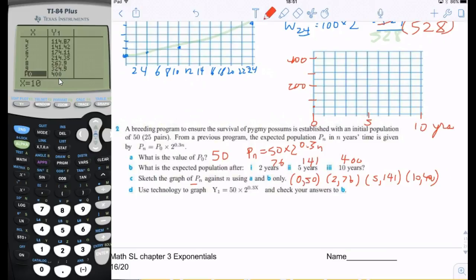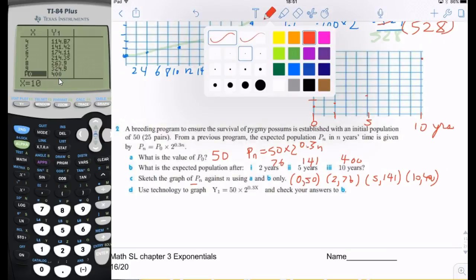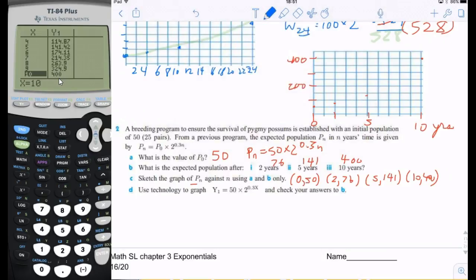In year 2 I have 76, which would be about here. Year 5 I have 141, that would be about here. And year 10 I have 400, about here. Now I can connect those in an exponential curve, about like that. It said to only use those 4 points.